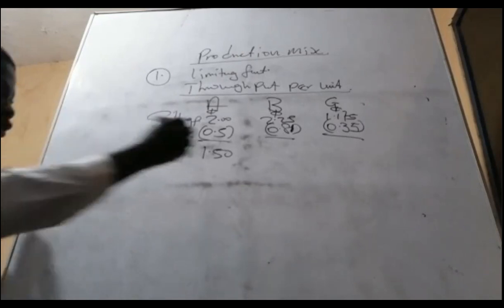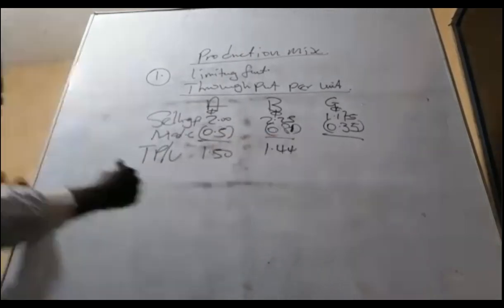Any calculator here? 2.25 less 0.81 should give 1.44, right? That's great. And the last one: 1.175 less 0.35 will give us 0.825.